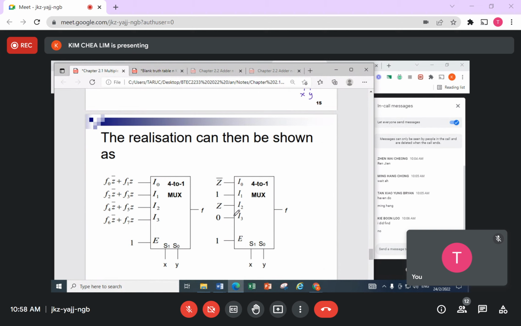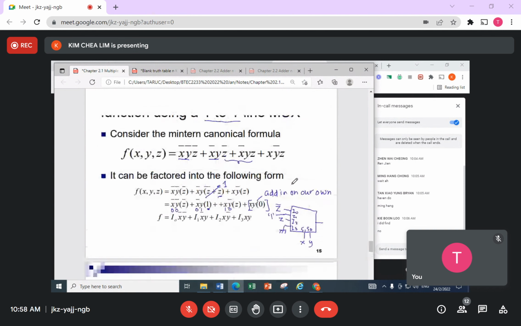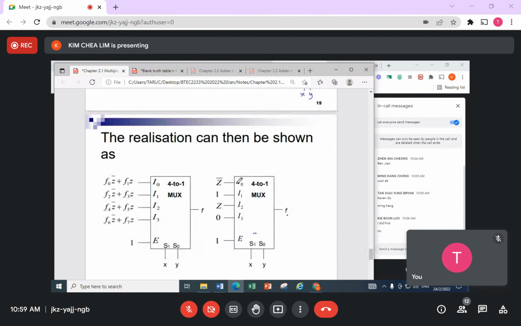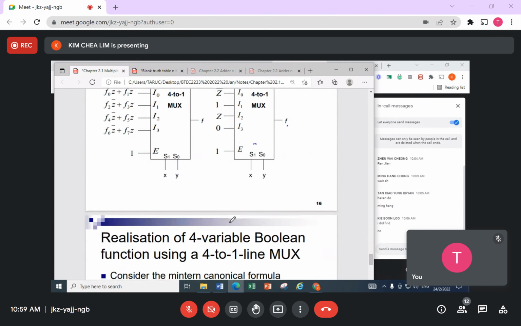And of course, to make your multiplexer work, connect proper logic level to your enable. So this output F here is exactly the same as this one. But the size of the multiplexer that you are using now is half. From 8-to-1, now you reduce it to 4-to-1. Actually we can further reduce it to 2-to-1 if you want to.